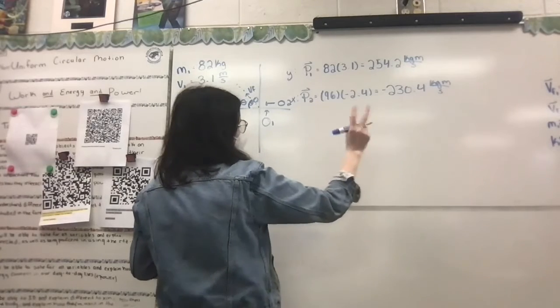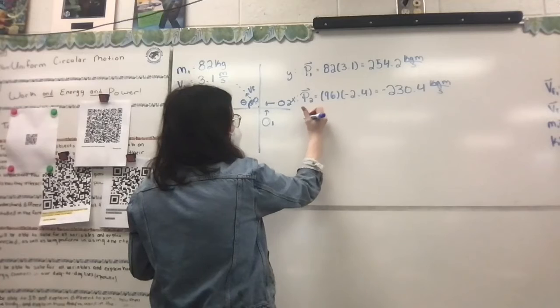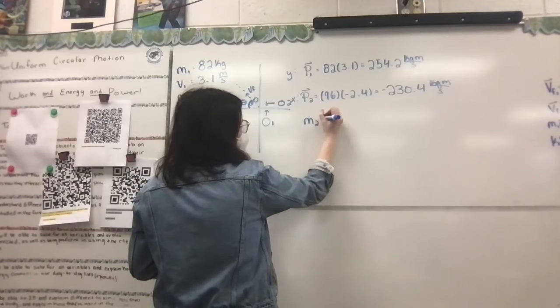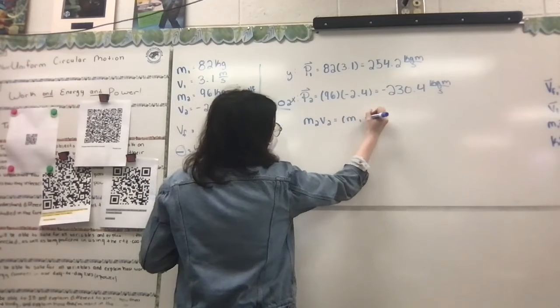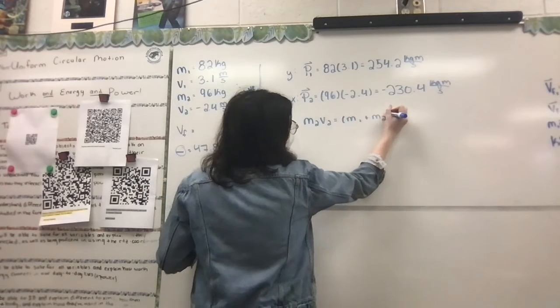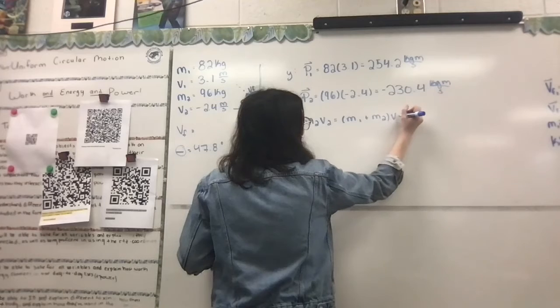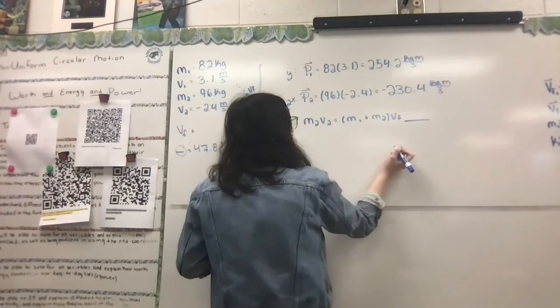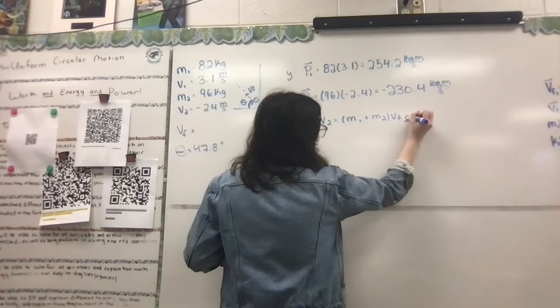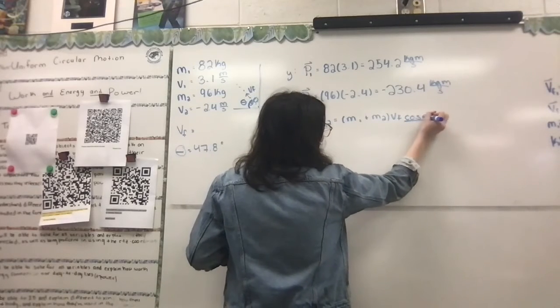Remember, you had to split it up into x and y. So if we did it for x, we'll have m2 v2 equals m1 plus m2 times vf. Then what did we put here? Cosine of theta, right?